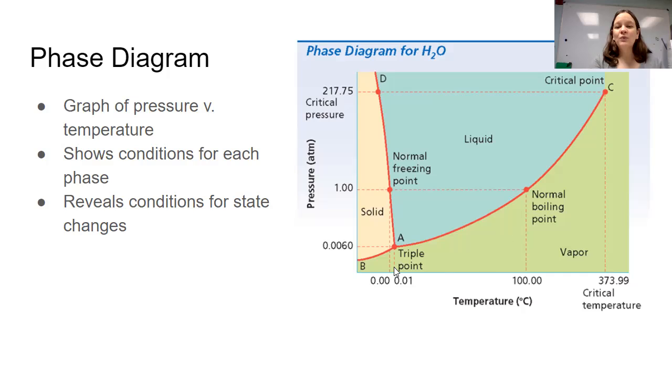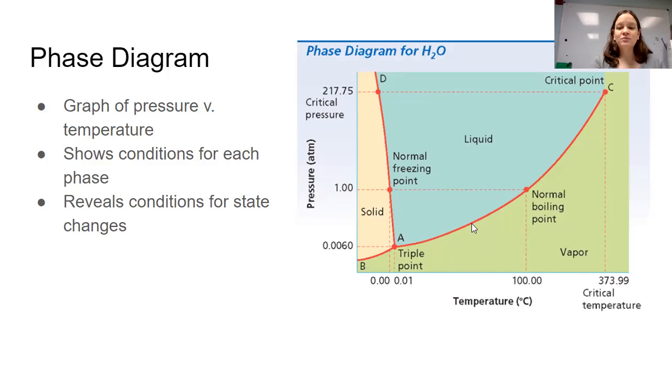Okay, so what we need to look at on here, so it's showing us the conditions that we need for each phase, but it's also showing us the conditions where we would have changes of state. So each of these red lines is describing the change of state. Okay, and it doesn't give us all of the numbers on either axis, but that's okay. We don't need them all.